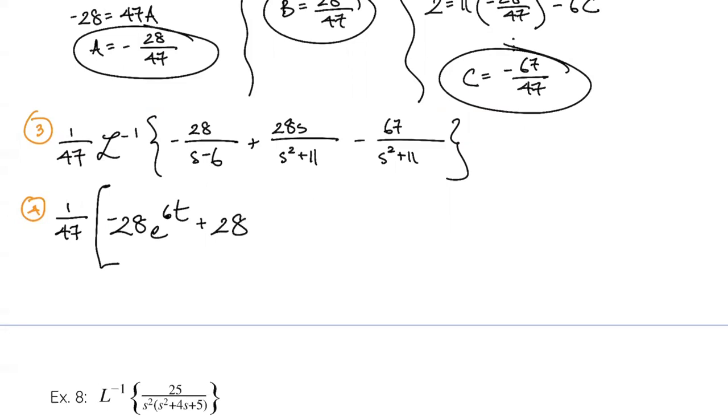Let's see, s over s squared plus 11 is going to be the cosine one. So cosine square root of 11t. And then the last one, I know I need to multiply by that square root of 11 over square root of 11. So I'm going to get 67 over square root of 11, not cosine, sine of square root 11t.